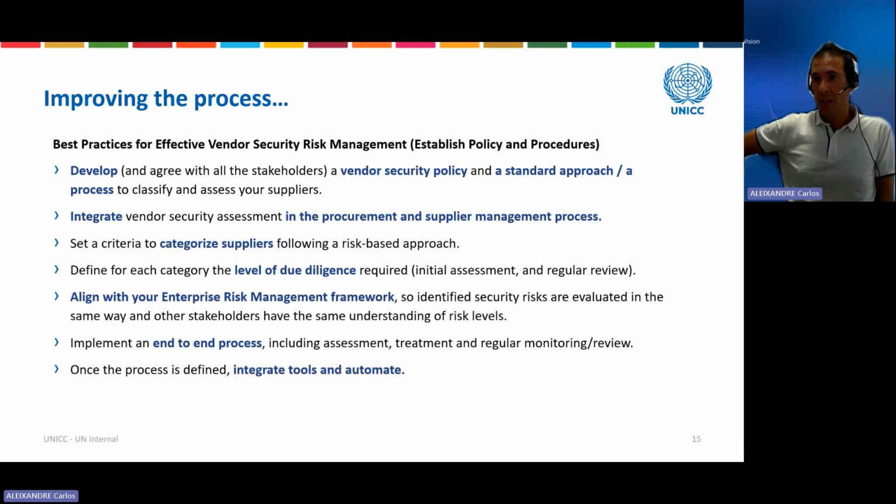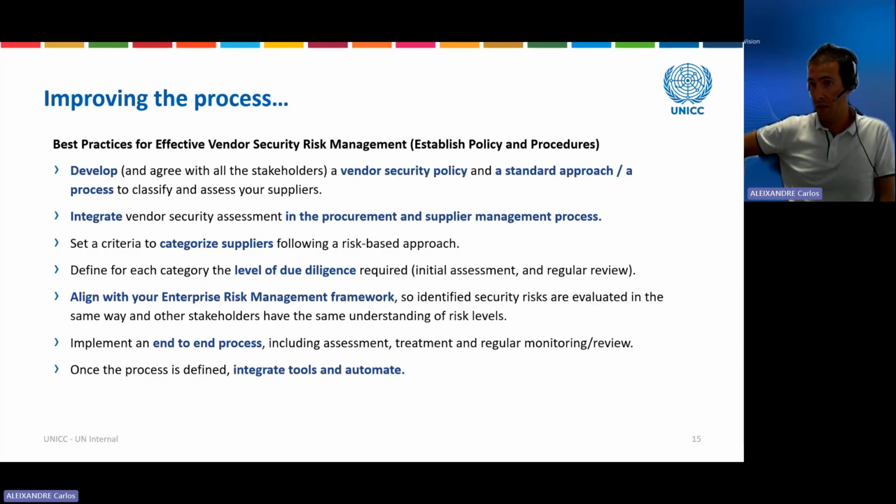Okay, so some best practices to improve all this process. Specific to establishing a policy and procedure, as I said, we need to develop and agree with all the stakeholders a vendor security policy and a standard approach to classify and assess our suppliers, right?